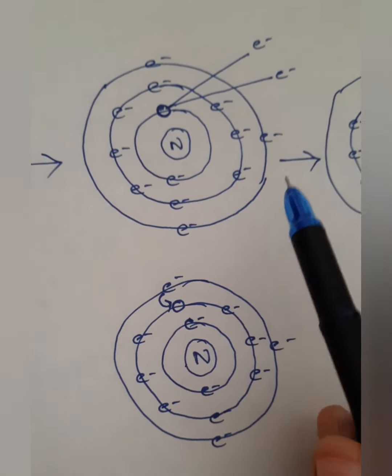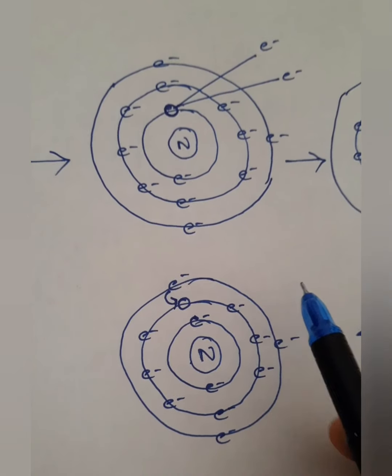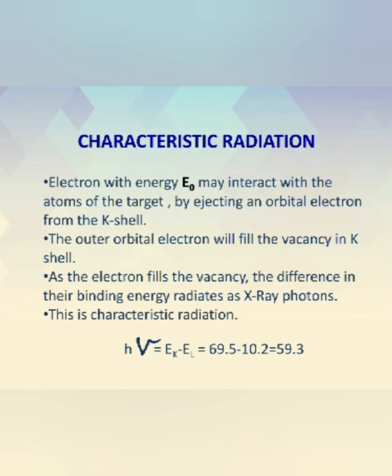So this is how characteristic X-rays are produced. Characteristic radiation, as I said, the X-ray photons are produced as a result of the difference in the binding energy of the shells. In an X-ray tube, as a target material, we use tungsten.